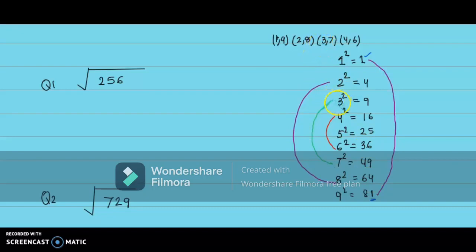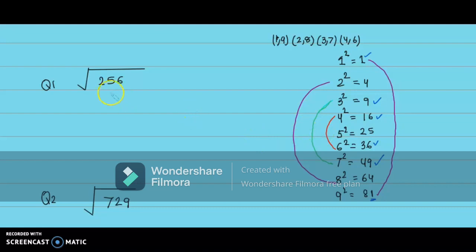The square of 3 and 7 ends in 9. And the square of 4 and 6 ends in 6. This information is very helpful when we have to find the square root, so I have explained all these things in the beginning.